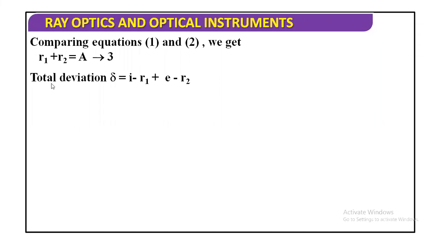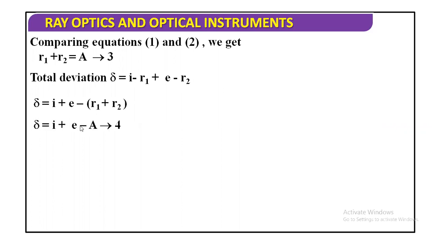Now again go back to the equation: delta is equal to I minus R1 plus E minus R2, and delta is equal to I plus E minus (R1 plus R2). Now we already know that R1 plus R2 is equal to A. Now place the value of R1 plus R2.